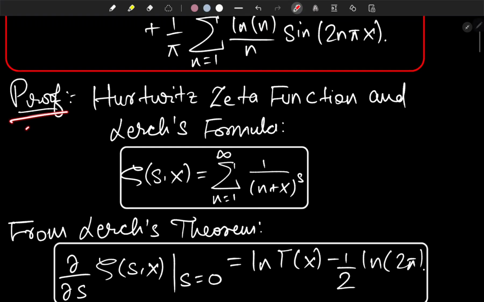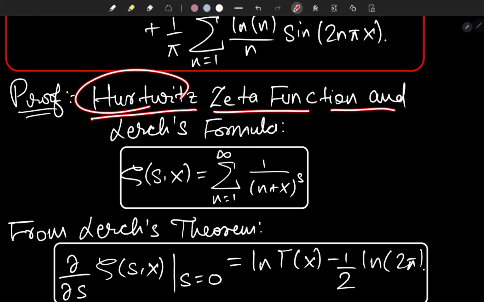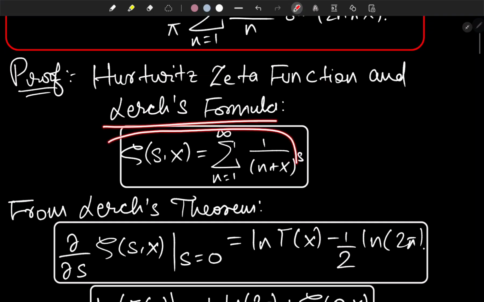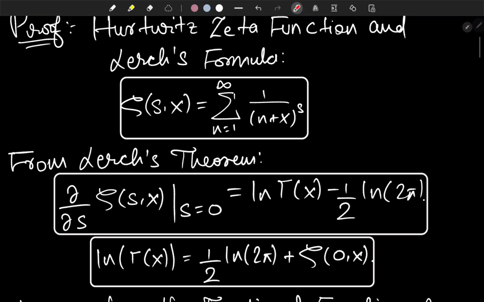So here comes the proof. We're going to begin our proof with the Hurwitz zeta function. I know the spelling is wrong, but I'm sorry about that, don't worry. This is the Hurwitz zeta function, right?